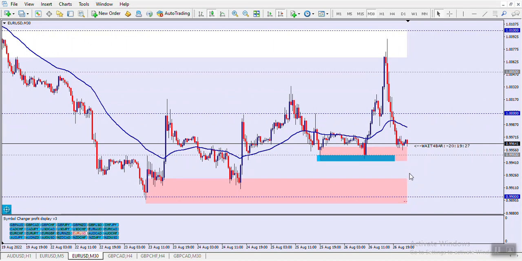Then if I had used half of the zone for my entry, I would have also missed the entry here. You see that? But on this one, using the key level, it went well. Using the zone, it was fine, and using half of the zone, it was also okay.